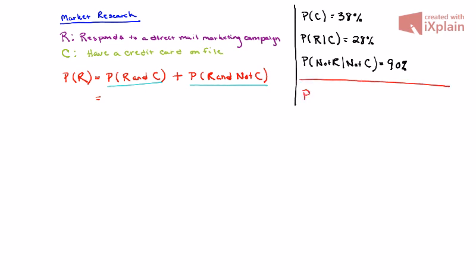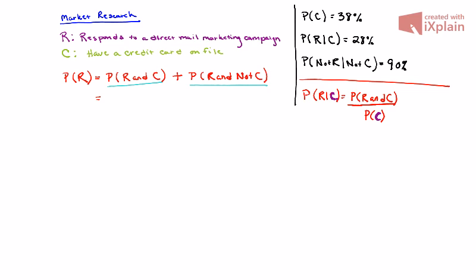For example, the probability of R given C is equal to the probability of R and C, so the probability that both of those events are occurring together, divided by the probability of C. Please recall that our given situation here, C, is also populated in the denominator. That's not a coincidence, that's intentional. That's how the definition is constructed.